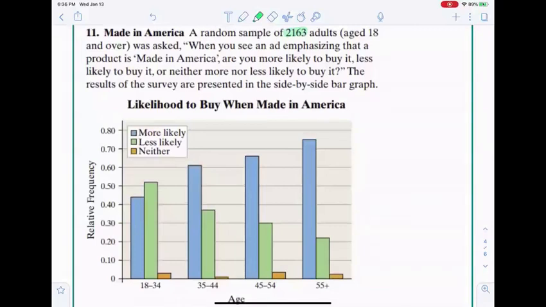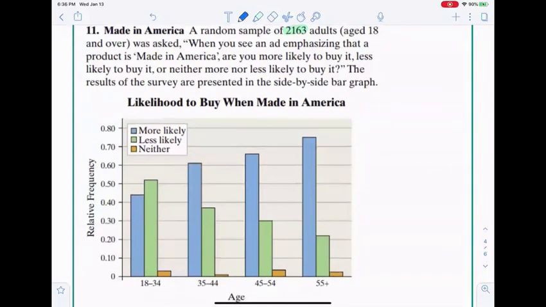Now, it is a bar graph, but here we have multiple categorical variables. So there are two categorical variables in this bar graph. It's called a multivariable bar graph, or a side-by-side bar graph. So the first categorical variable is the age group.